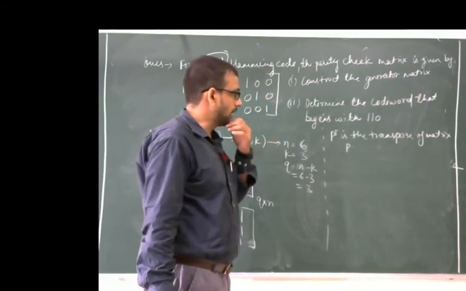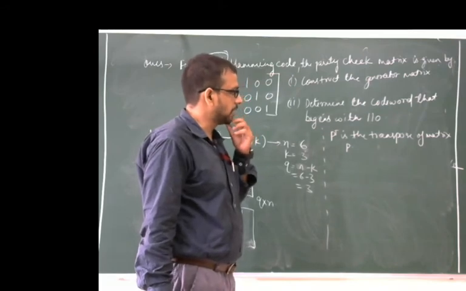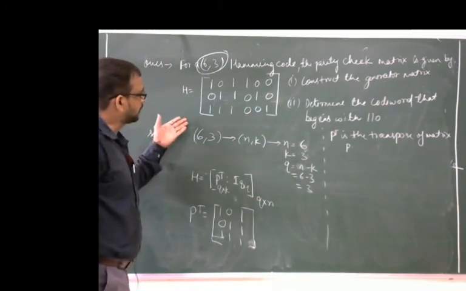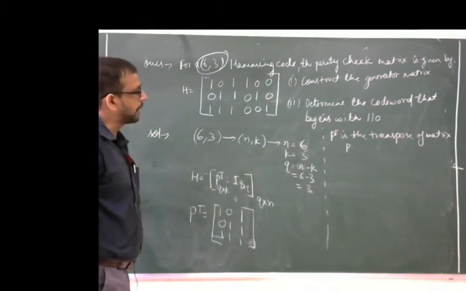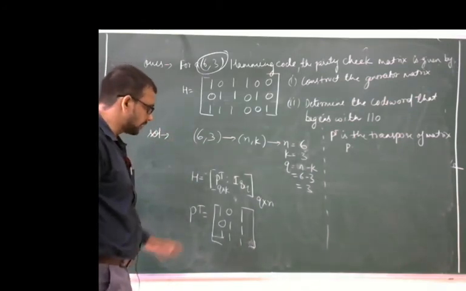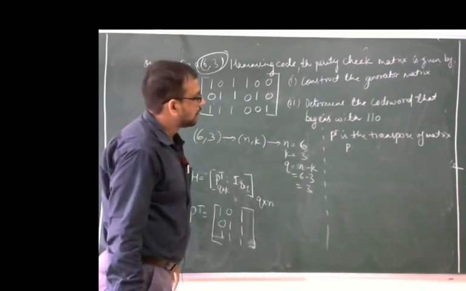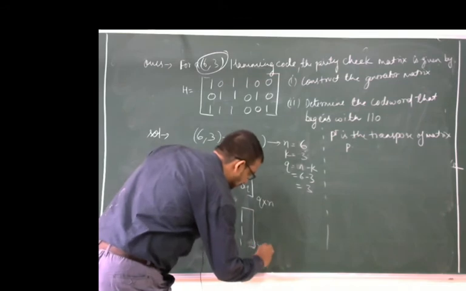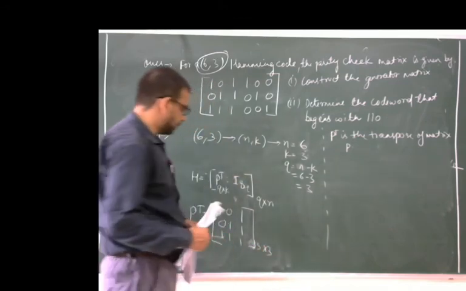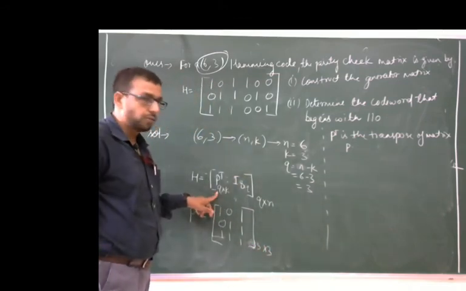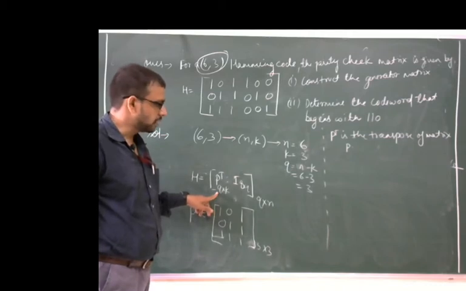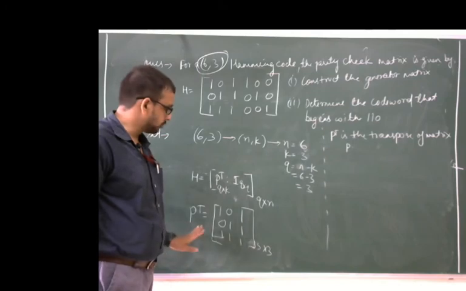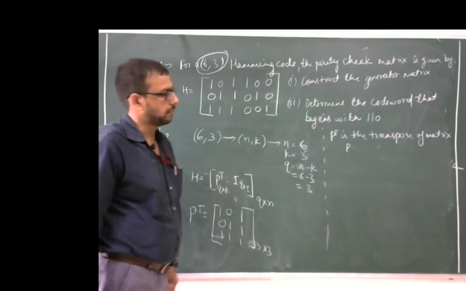Now on comparing with the parity check matrix, P transpose is already formed, of the order 3 cross 3. Here on comparing we can see the value of q is equal to 3 and the value of k is also equal to 3. Both values are the same, so we get a 3 cross 3 matrix.